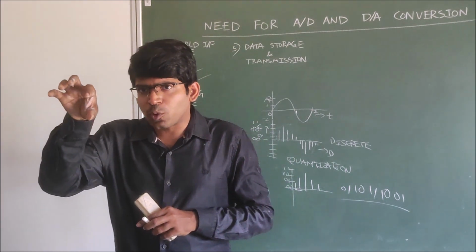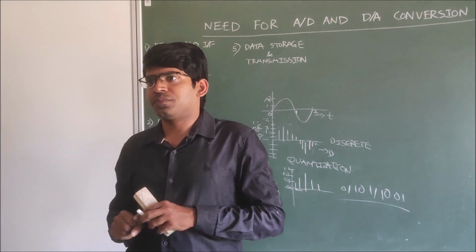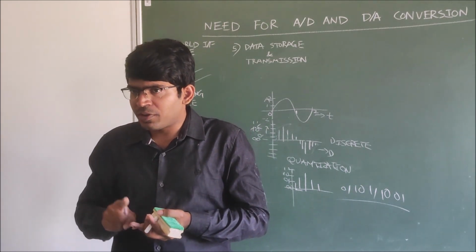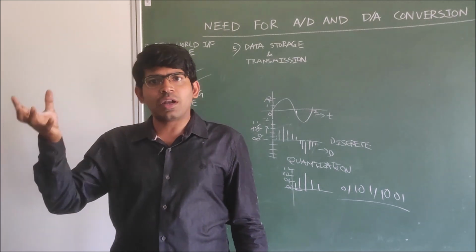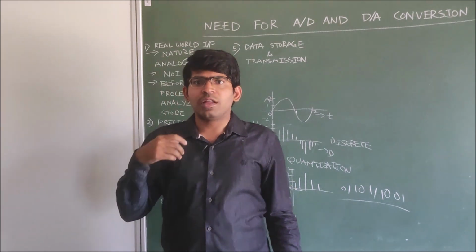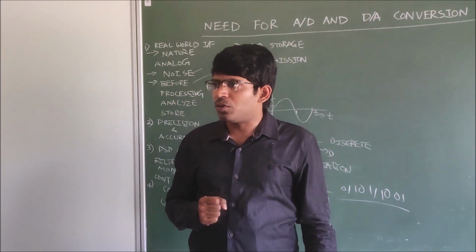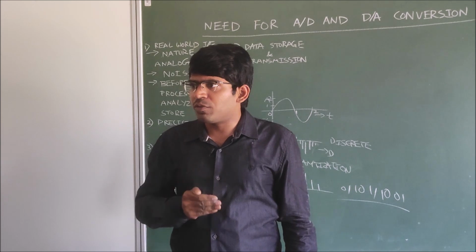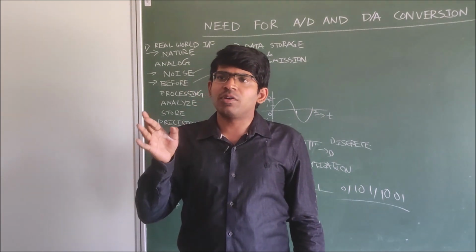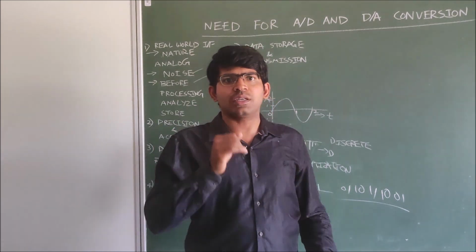These controllers process these digital signals. So it is required whenever we want to control any real-time load like a motor. We have to convert the analog signal to digital signal, and again we can convert the digital signal to analog signal.